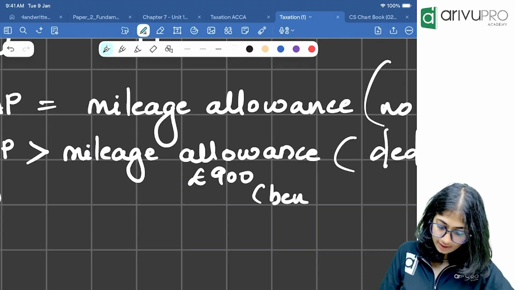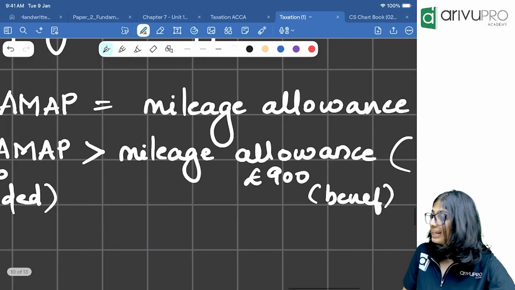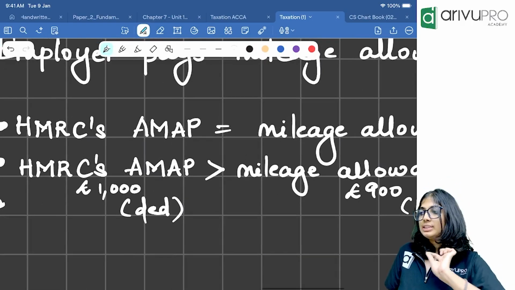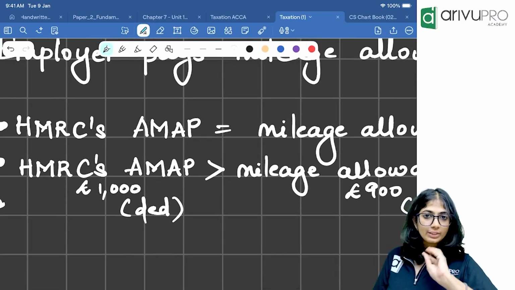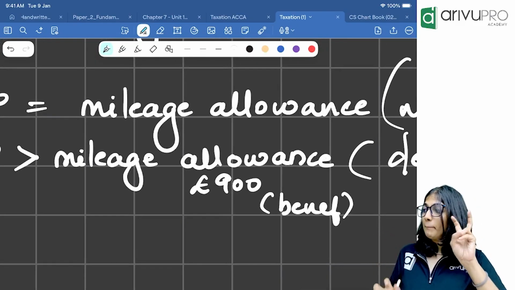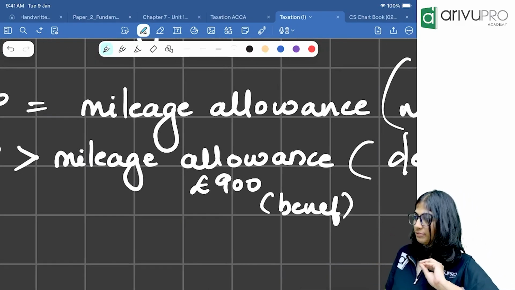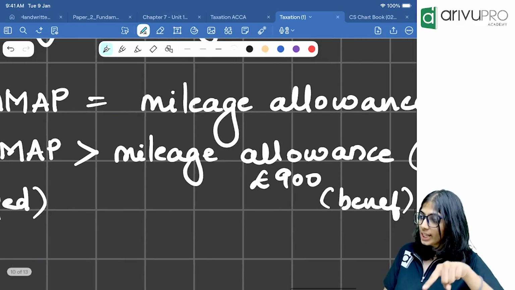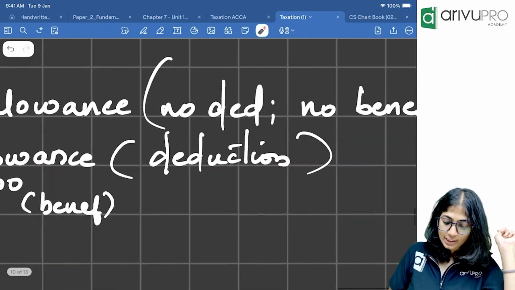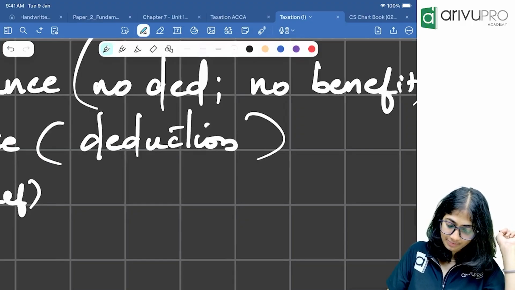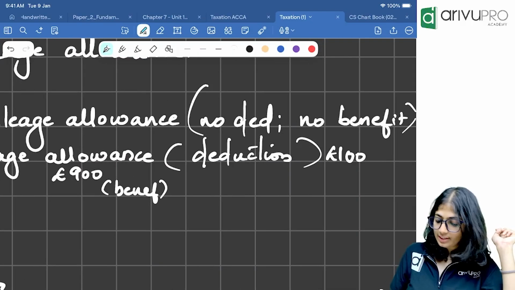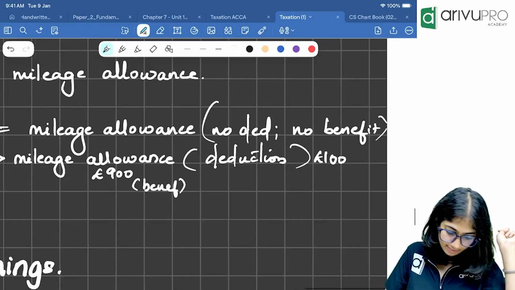You're going to have a taxable benefit of £900. So what's going to happen? According to HMRC's AMAP, £1,000 of deduction is required. According to benefit rules, the mileage allowance is a taxable benefit. But your mileage allowance falls short of what is supposed to be deducted. Then you're going to have a net deduction. That is, the rest of the £100 gap is going to be a deduction.